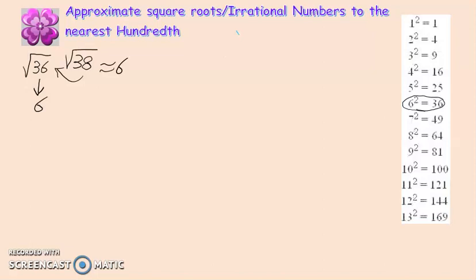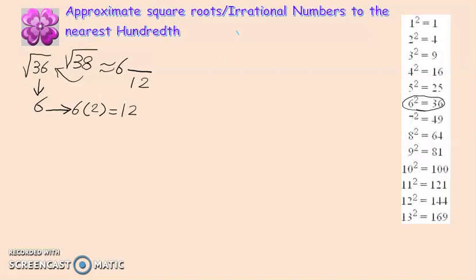To find that more than 6, we need a fraction, 6 and something. To find the numerator and denominator, you need to follow 2 steps. First step is just double 6. So 6 times 2 would be 12. This number should sit in the denominator.